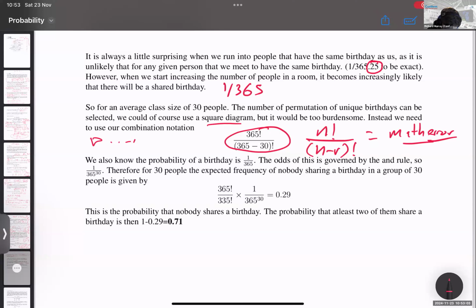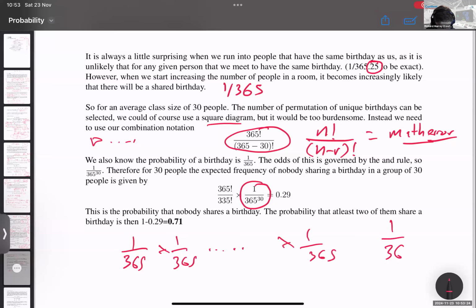We can then multiply it by the frequency that no one has the same birthday. So if we compare each person in the group, it's going to be 1 over 365 times 1 over 365 times 1 over 365, and we can do that. And that just is 1 over 365 to the power of 30.